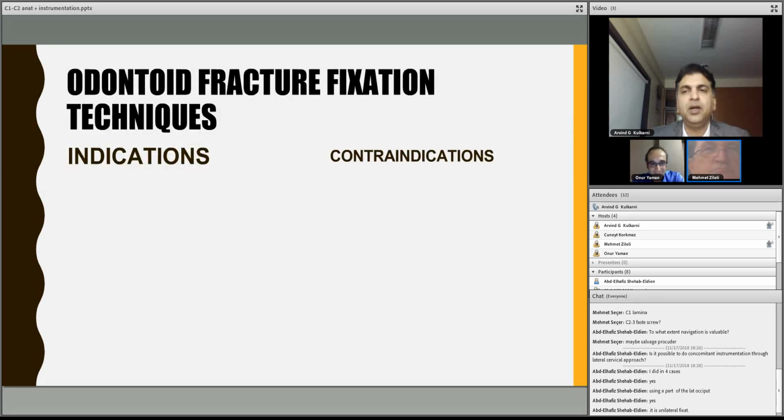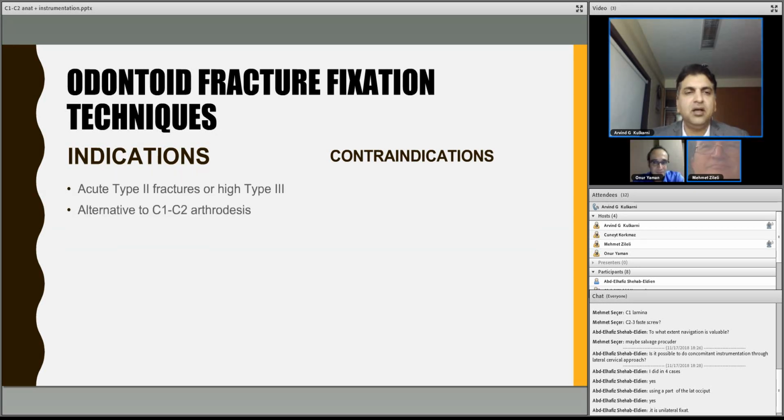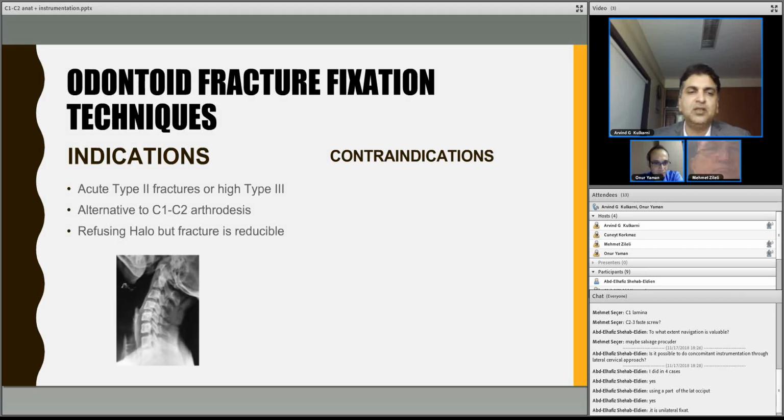Now coming to odontoid screw fixation. This is usually in type 2 and high type 3 odontoid fractures. It is an alternative to C1, C2 fusion. Especially in type 2 fractures, they tend to go into non-union, or those patients where it is type 3 and the patient doesn't want a halo and needs to be mobilized fast.